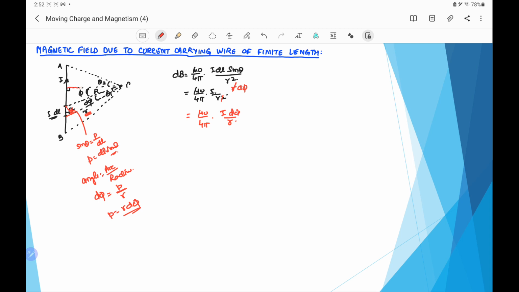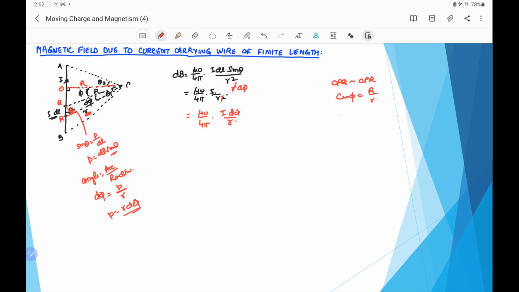In the triangle, suppose this is O, P, and this is Q, and this is R. So triangle OPQ is approximately similar to the triangle OPR, because this dl is very elementary. Therefore we can write cos phi is equal to base by hypotenuse, because OP is capital R, the perpendicular distance of the point from the wire, and the hypotenuse is small r.